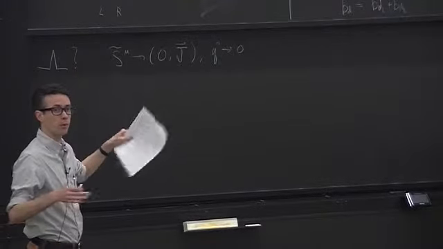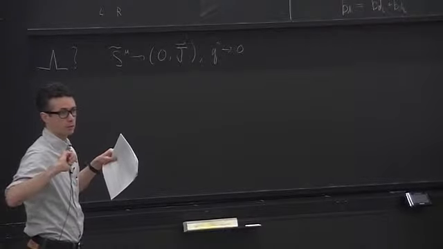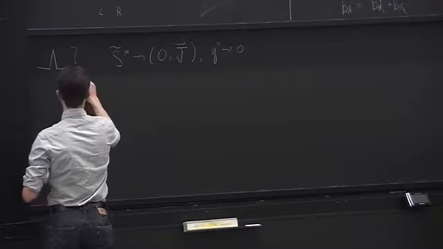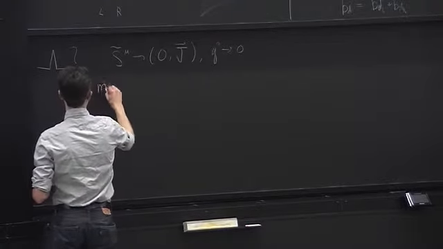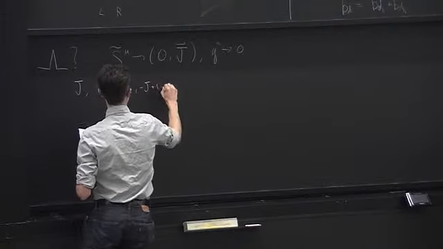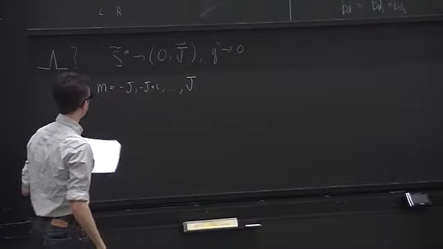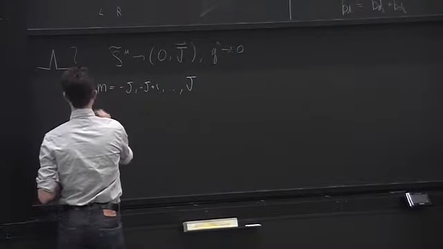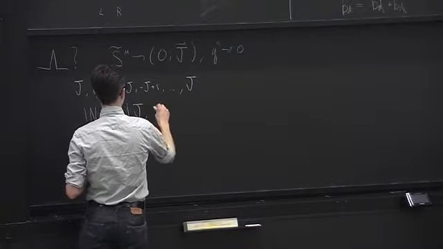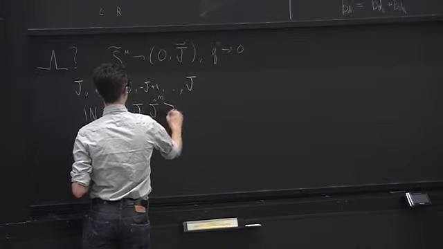But let's evaluate both sides when the nuclear spin has the highest possible J. So we assume the nuclear state has a net total angular momentum of J. Of course, it's going to have different values of M, from minus J plus 1 all the way up to plus J. So let's evaluate both sides when the nuclear state corresponds to the state with net J and M equals J.